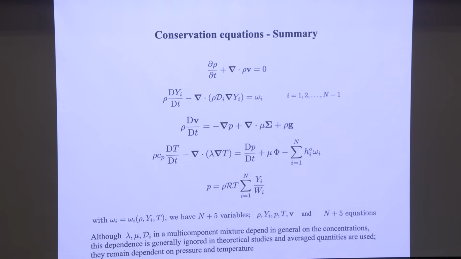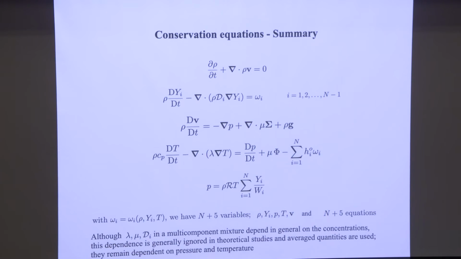Okay, now if we know the omega i, which is the rate of production or destruction of species i from chemical kinetics, then we have n plus 5 variables. Rho is 1, Yi is n minus 1, so it's n plus 1 plus 2, and 3 more, plus 5.